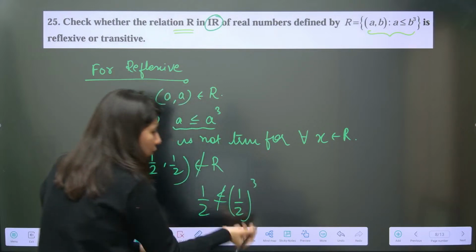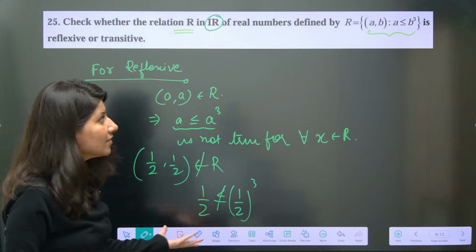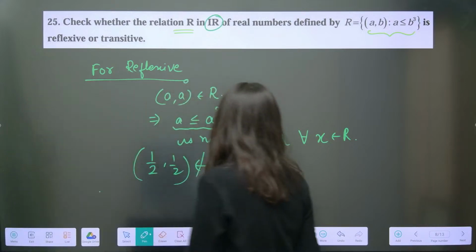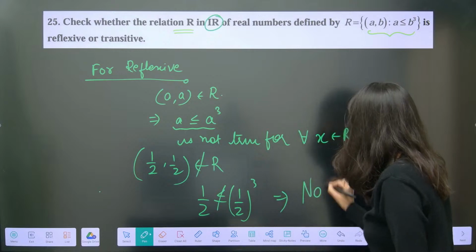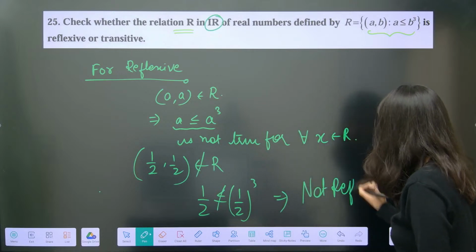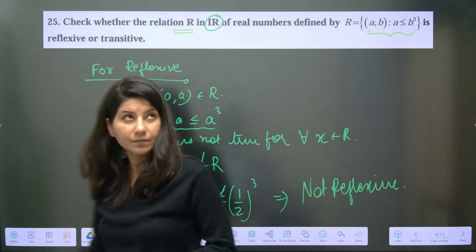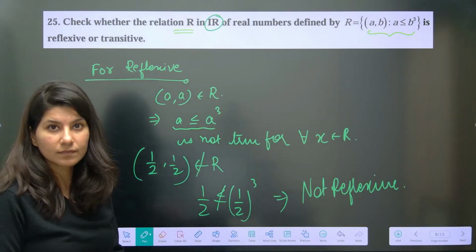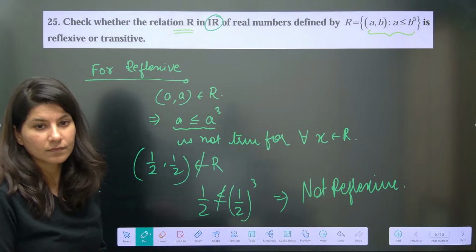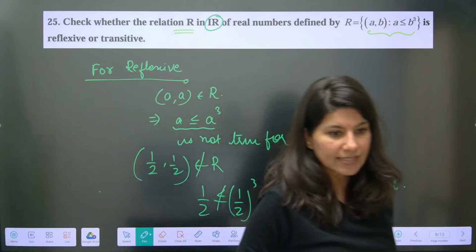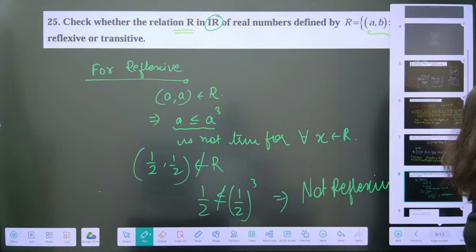It is not true, right? So that is why this is not reflexive. So this implies that it is not reflexive, guys. Clear? I guess this is clear to you.